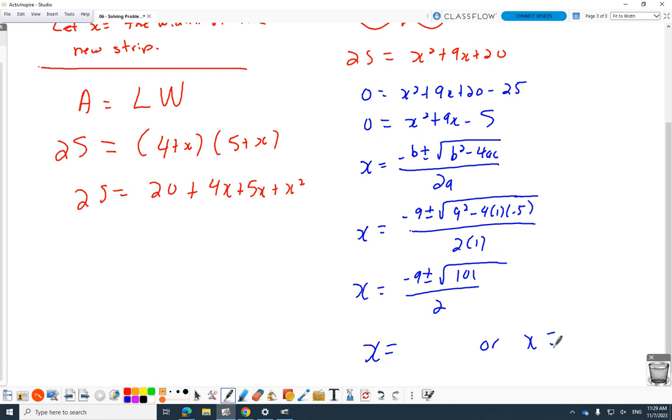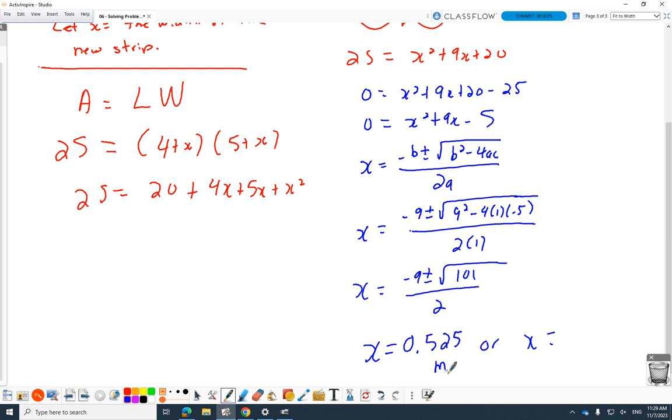In my head. -9 plus square root 101. On these type of calculators, then you'd press equals. Then divide by 2. 0.5. What did it say? Nearest thousandth. Did it say nearest thousandth?